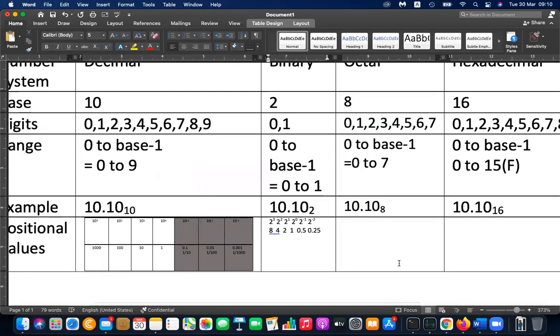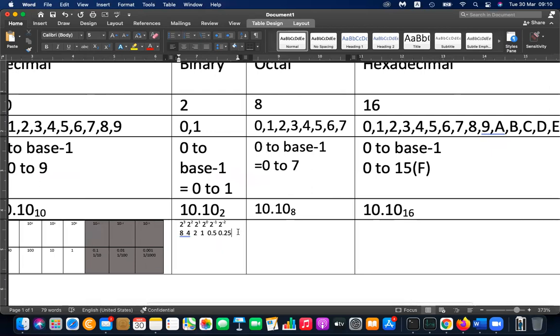Okay, and then the next is the powers of 8. You can write 8 to the power 3, 8 to the power 2, 8 to the power 1, 8 to the power 0, 8 to the power minus 1, and 8 to the power minus 2. So what are the values?